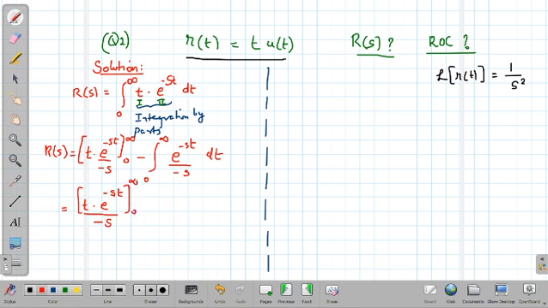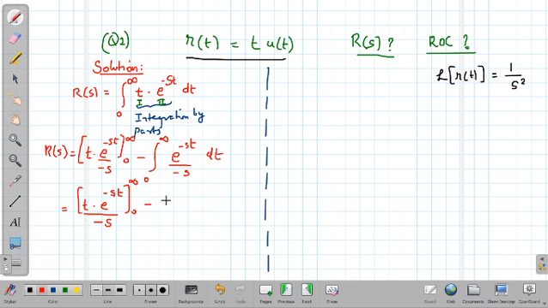What is the integration of e^(-st) divided by minus s? Minus s is a constant since we are integrating with respect to t, so we can take that outside as well.